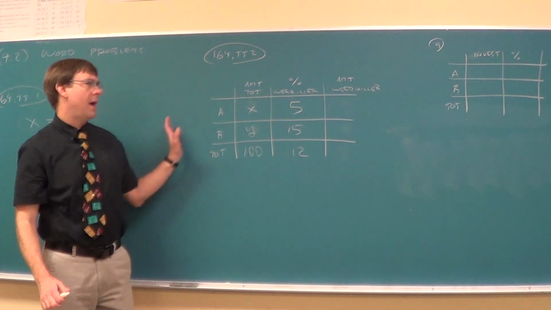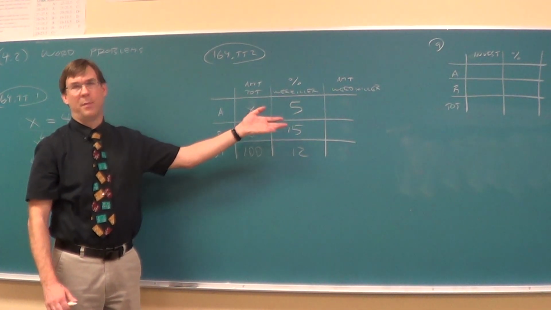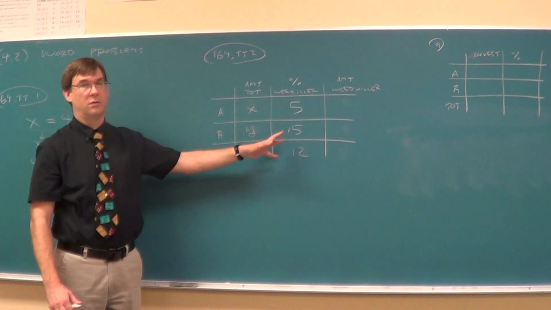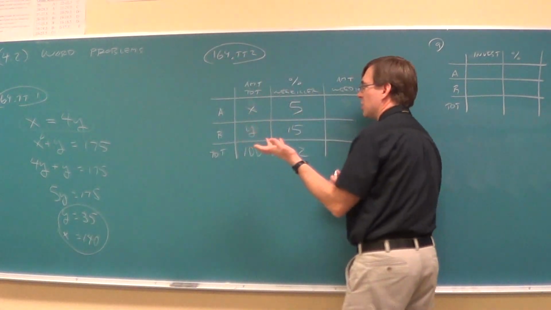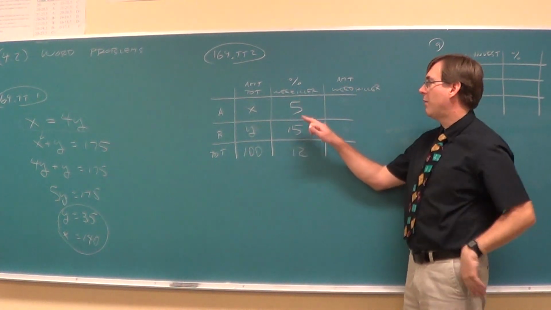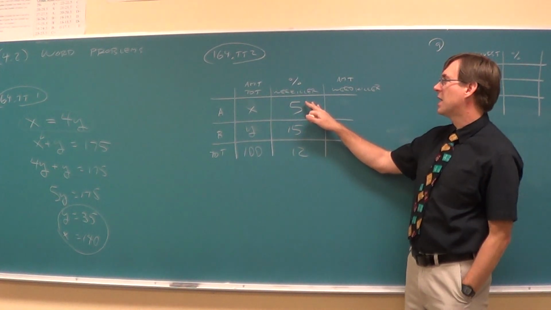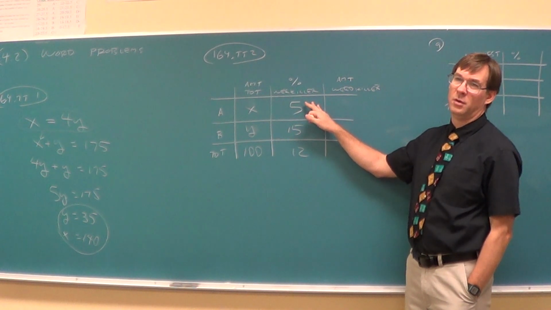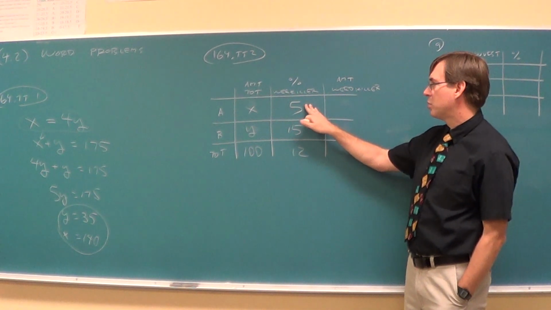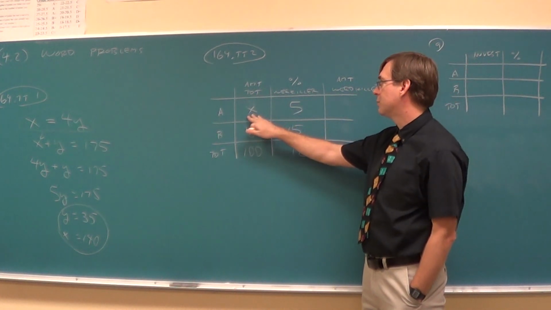Does anybody remember how you worked across the table every time in the past, and you still will in the present and future? You multiply. You multiply across. So percentages always multiply anyway, we've talked about that. It's hard to make a percentage sentence without the word of, and of means to multiply. So 5% of this stuff is weed killer.